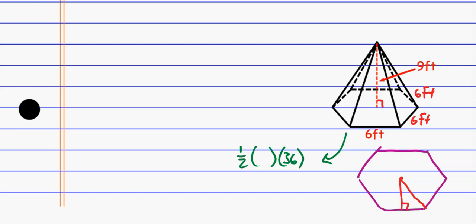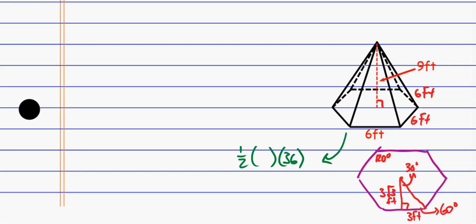Once again, if we're looking at something like a regular hexagon, the angles inside of a hexagon add up to 720 using my formula, which means then that each angle is 120, which means then, so like one of these guys is 120, which means that this little piece right here is 60 degrees, making this thing a 30, 60, 90 triangle. And now I know if this piece is 3 feet, because the whole way across was 6 feet, I now know that the apothem over here is going to be 3√3 feet.